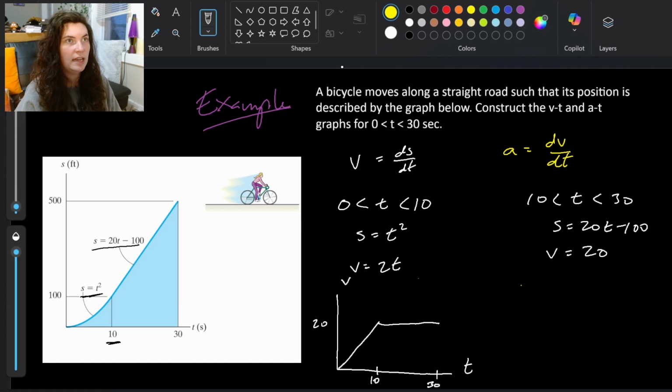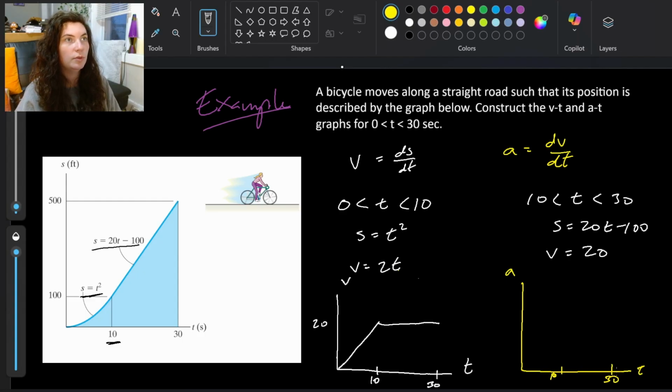We'll make ourselves an a-t graph, acceleration versus time. We still have those two time intervals because we have different velocities: from 0 to 10, and then from 10 to 30.